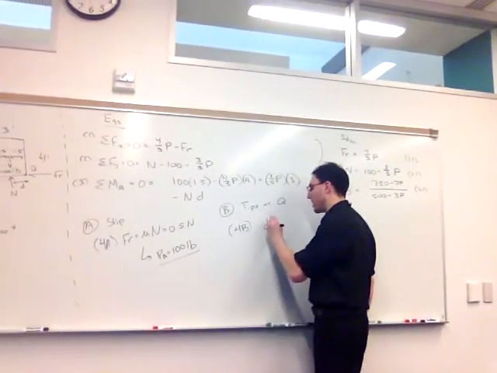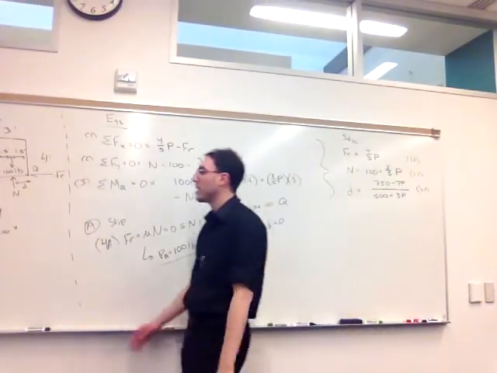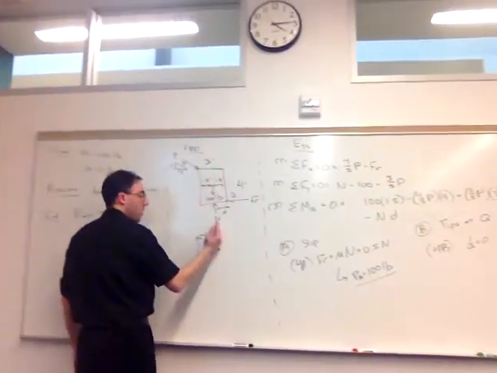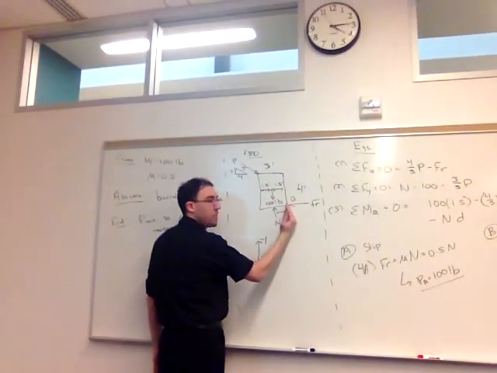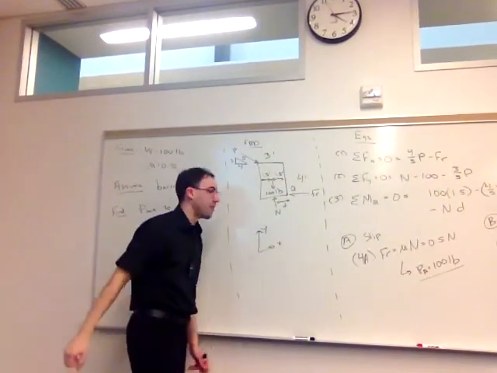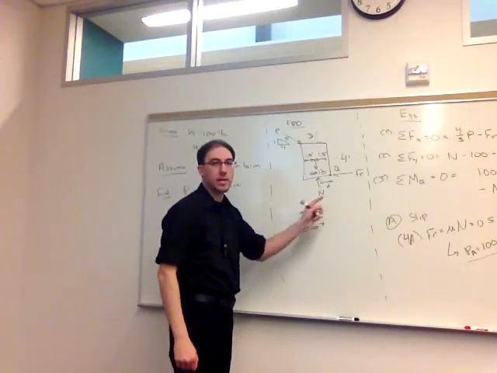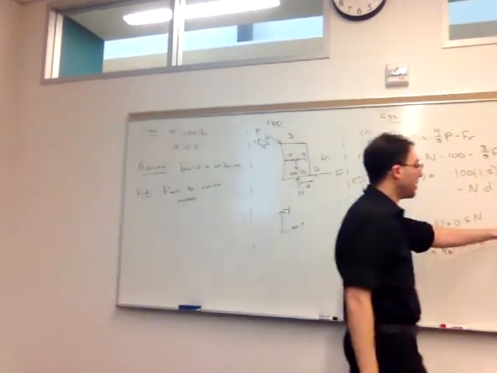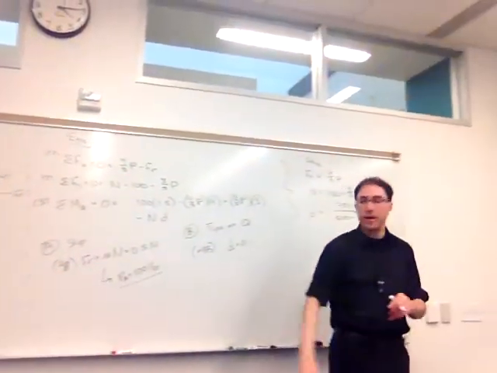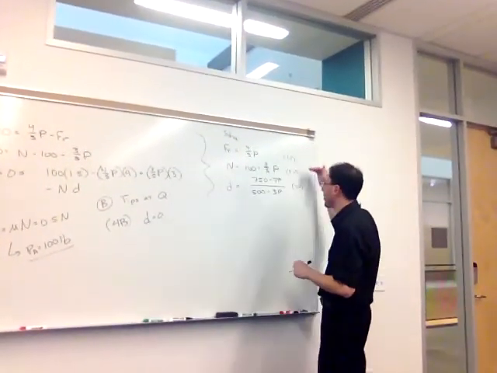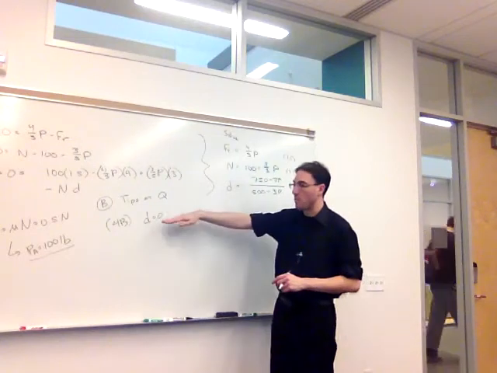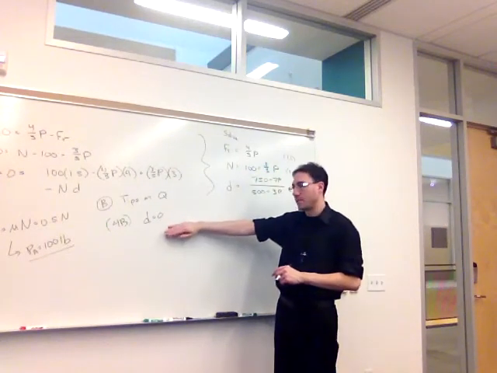Right, d equals 0, which is to say that on the verge of tipping, the equivalent normal force is going to be directly beneath the pivot point at Q, which means that this value of d is 0, placing N directly beneath Q. So for scenario B, I now take equations 1 through 3, or 1.1 through 3.1, and 4B, and solve those 4 simultaneously.